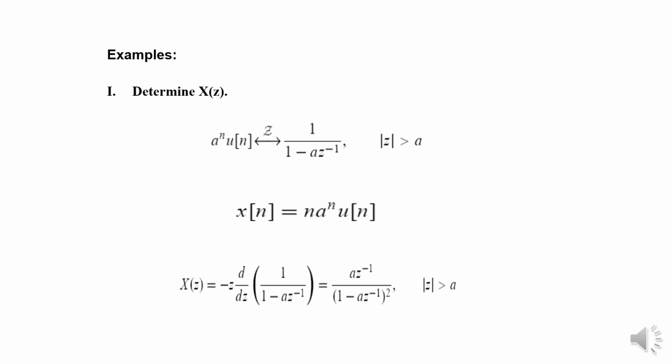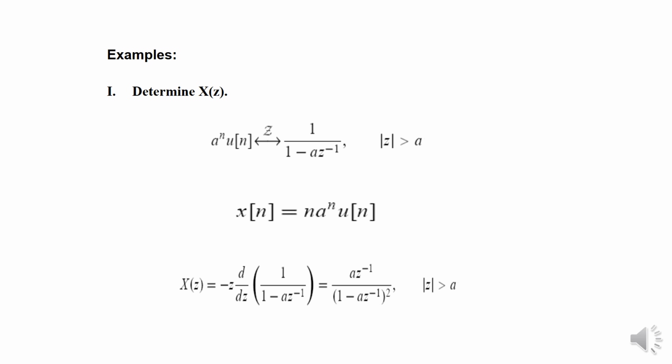Then we can further simplify this, and you will get X(z) of n a^n u[n] as a z^-1 divided by 1 minus a z^-1, all to the power of 2.